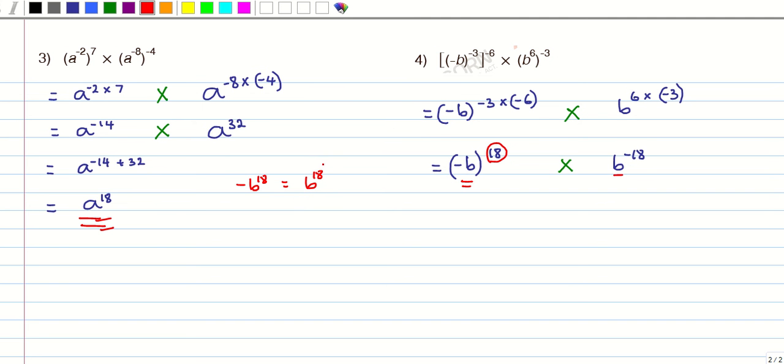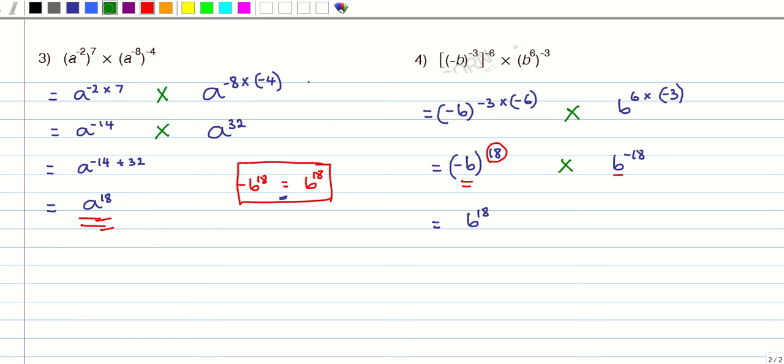We have seen that already in previous examples. Okay, so now we will rewrite it again and say that we write negative b to the power of 18 as b to the power of 18. Okay, because they are equal.